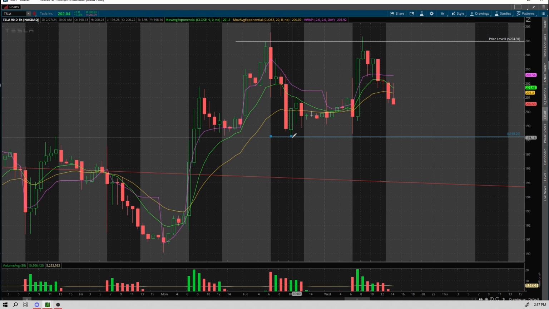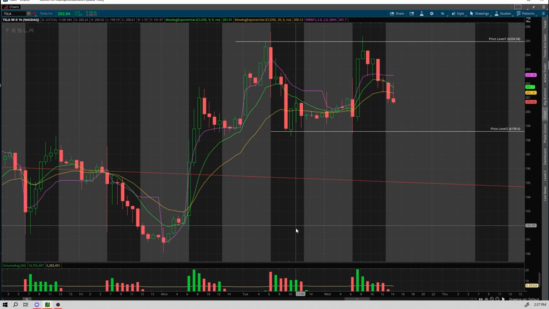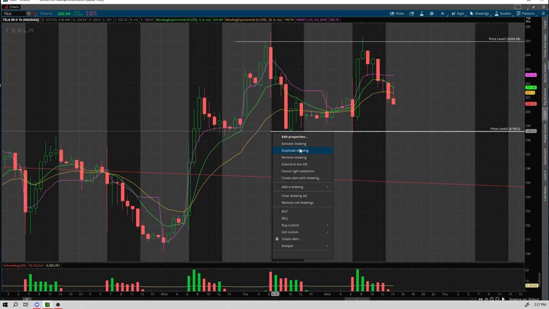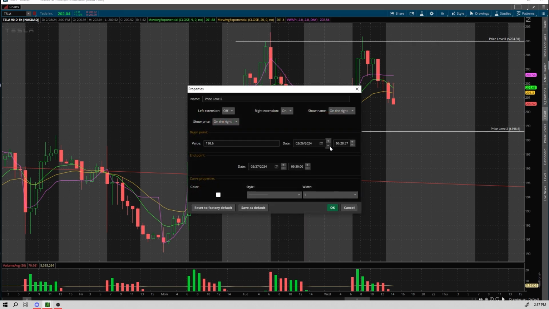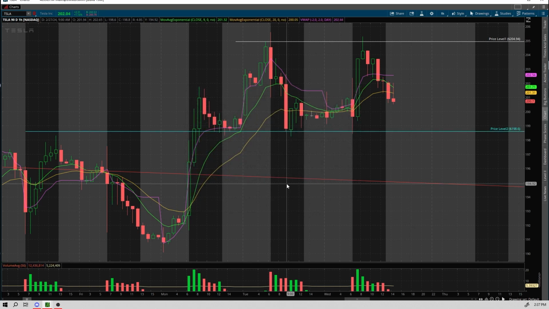And for my support, I would use 198, okay? 198. Now let's extend this to the left a little bit. And then change our colors. All right. So as we can see here, we've built a nice support right here.